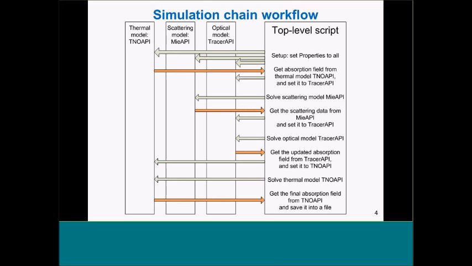First we set properties, for example the number of rays to trace, or the thermal power at the chip. These are the basic properties of the problem.